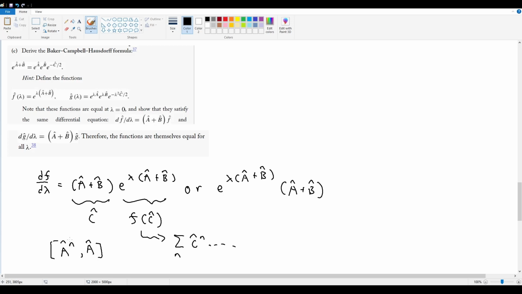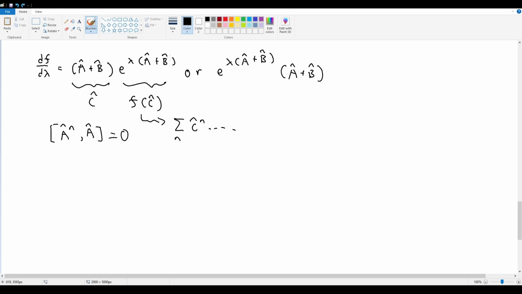And these are just going to equal 0, right? So because of that, more generally, any operator is always going to commute with a function of that operator itself. So it turns out that it doesn't actually matter which direction we do this. I'm just going to say df by d lambda is equal to a hat plus b hat e to the lambda a hat plus b hat.